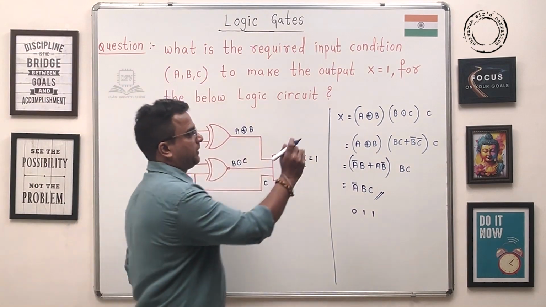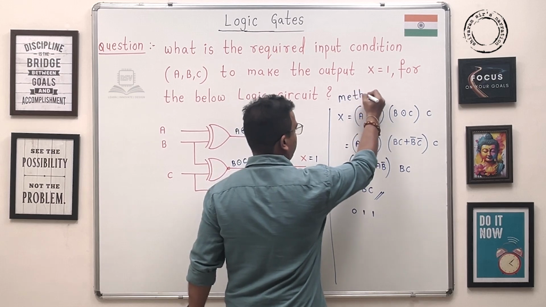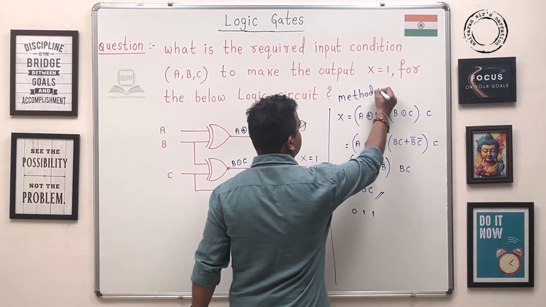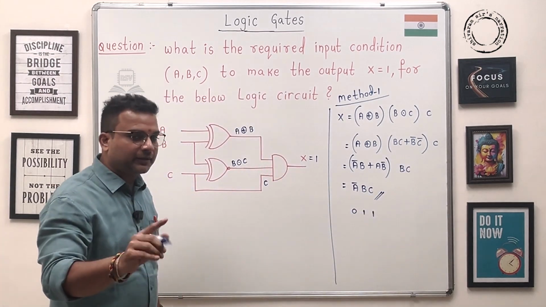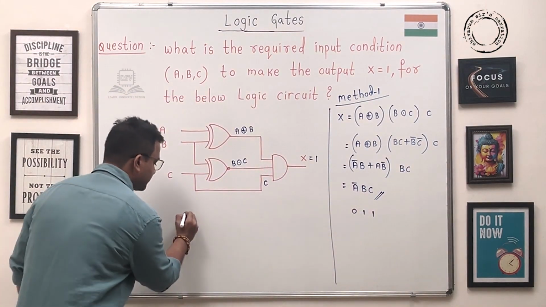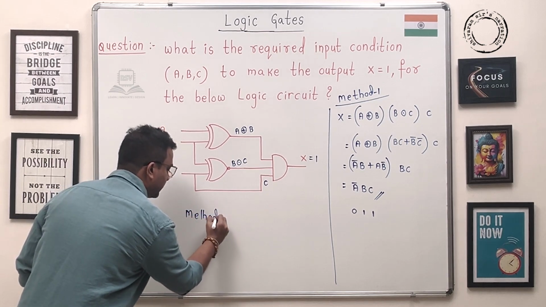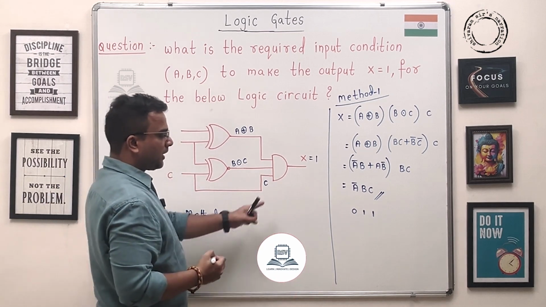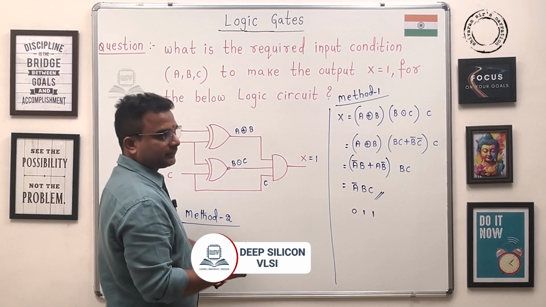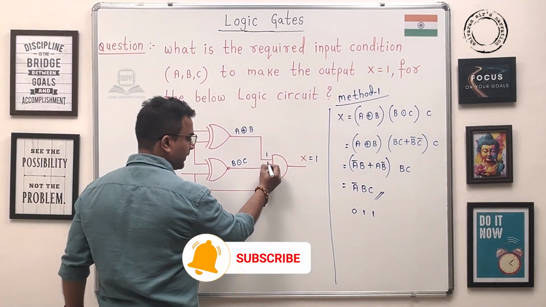This is method 1, the regular approach. However guys, to save time, we have another method. That is very simple. In a fraction of seconds, we will get it. Let's see. Now, guys, for the output to be 1, for an AND gate, all the inputs must be 1, right?